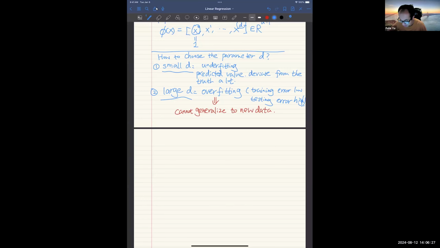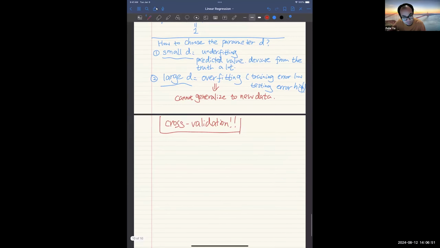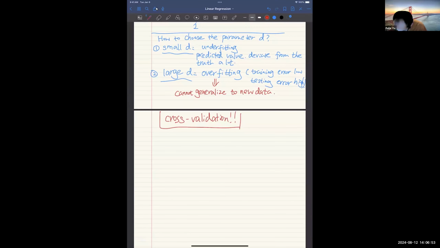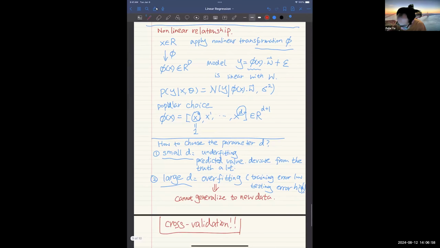How to choose d? The strategy we're going to talk about is cross validation. Cross validation is obviously very crucial, but we will talk about it momentarily once we finish the next concept.